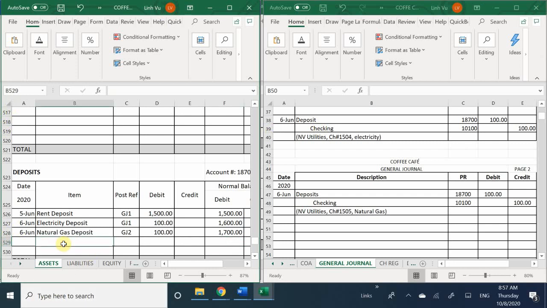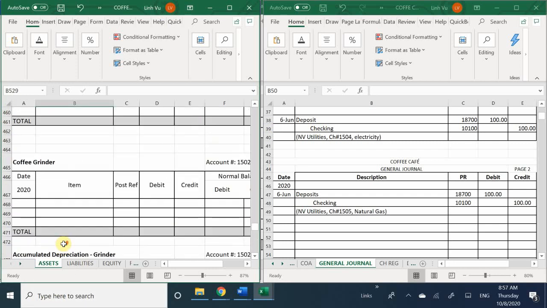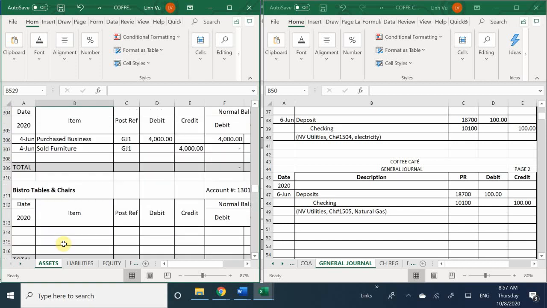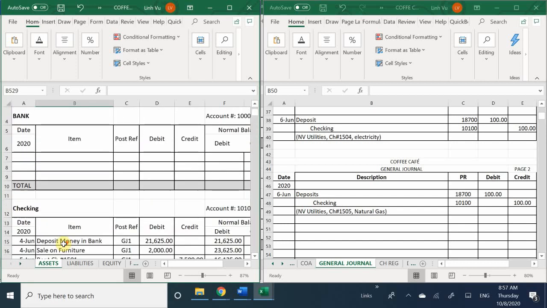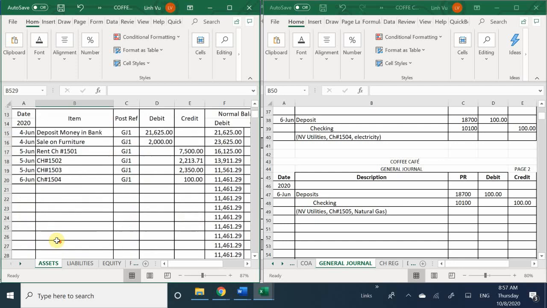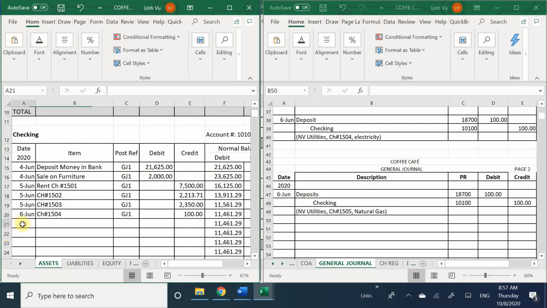All right, now that I finished my deposits account, I'm going to scroll all the way back up to the top. All right, so page 1, put my date in, update that I wrote check number 1505 this time.